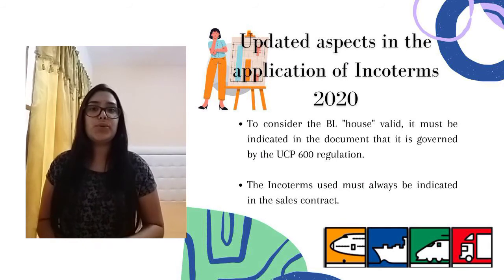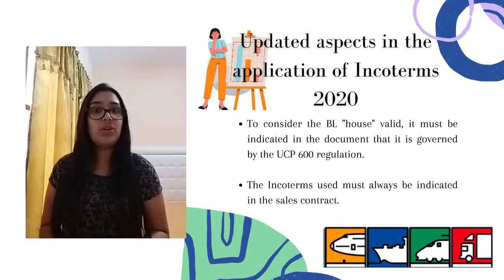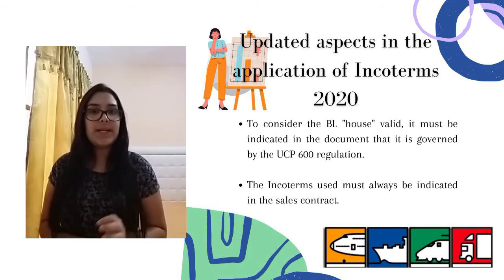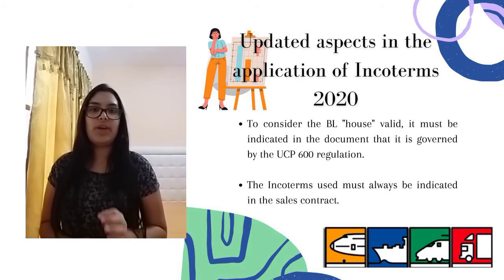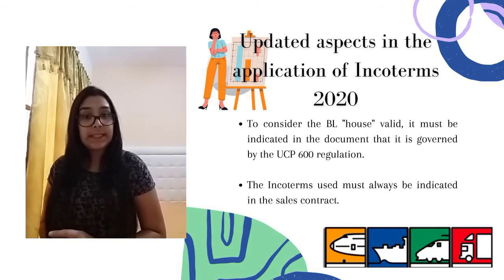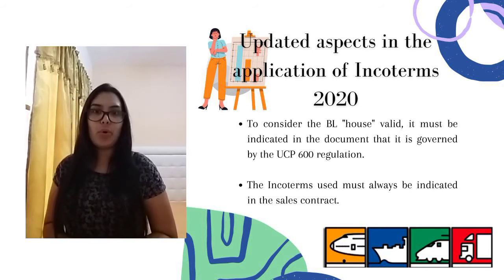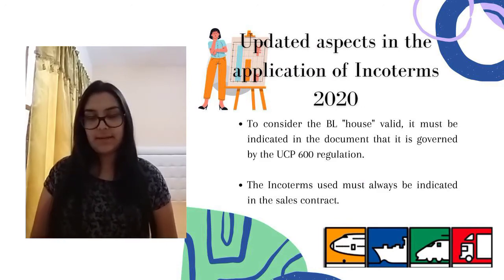The Incoterms used must always be indicated in the sales contract. In this case, Incoterms 2020 are specified, though Incoterms of the years 2010 or even 2000 may be applied.